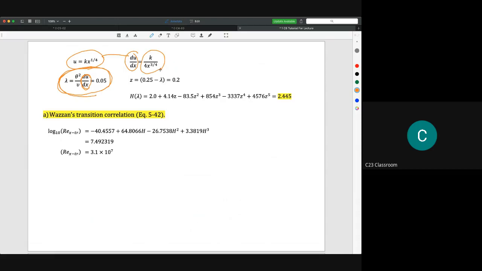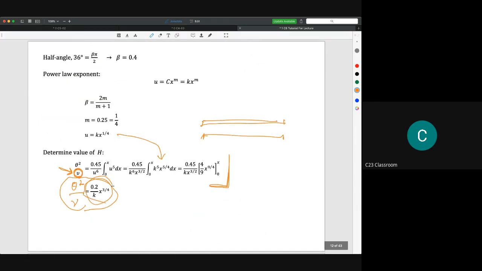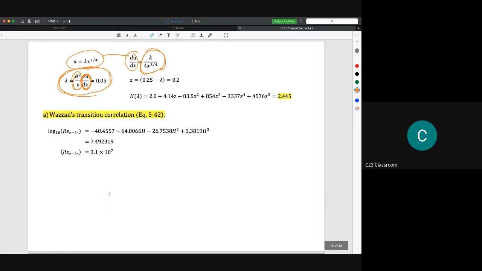The value of theta squared over nu can be taken from the previous answer. So from these two terms, you could get that lambda is equal to 0.05.